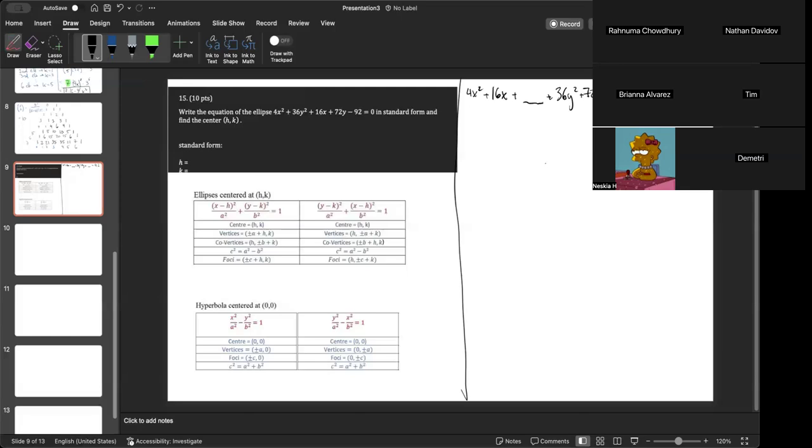So, how can I do this? Well, one thing that you could try is you can divide the whole thing by 4. So you have x squared plus 4x plus blah plus 9y squared plus 72 divided by 4 is 18y equals 92 divided by 4 is, let me think, 46, 32.